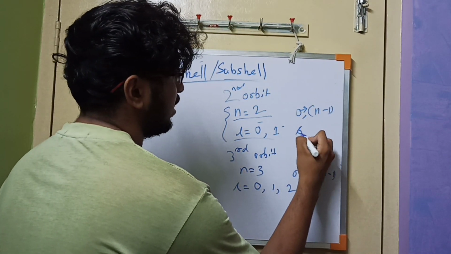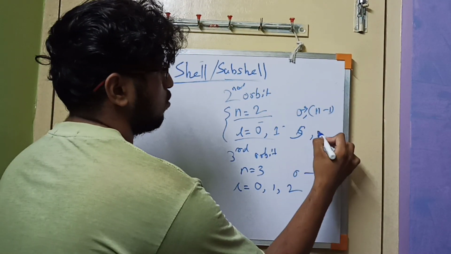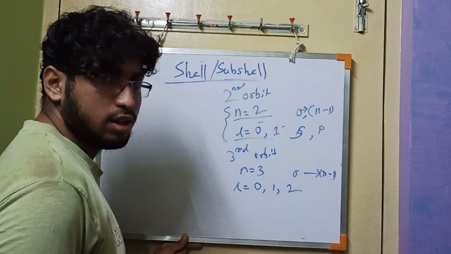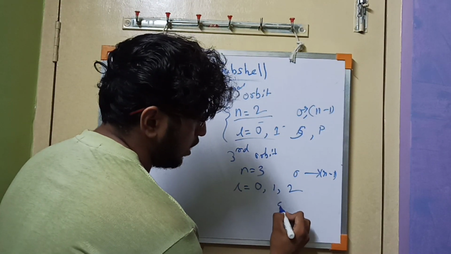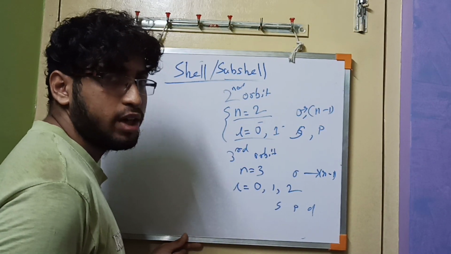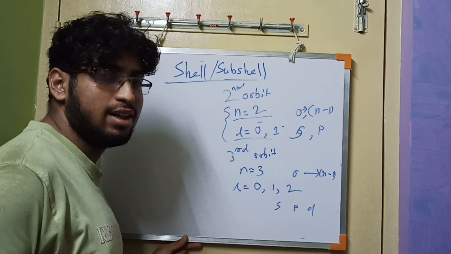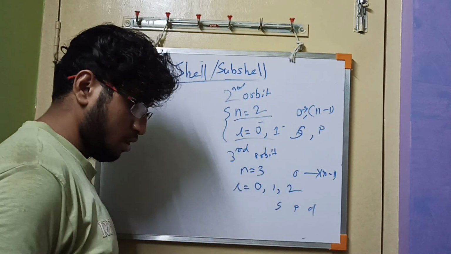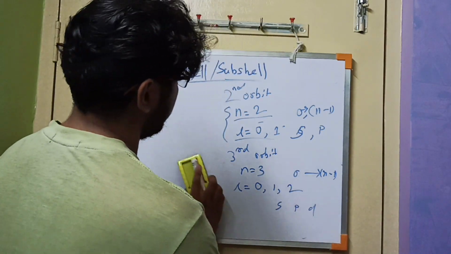For 0 this is S subshell, and for 1 this is P. For third orbit, three types of subshell, S, P, D. And for fourth orbit, we can guess that there will be four types of subshell, S, P, D and F.